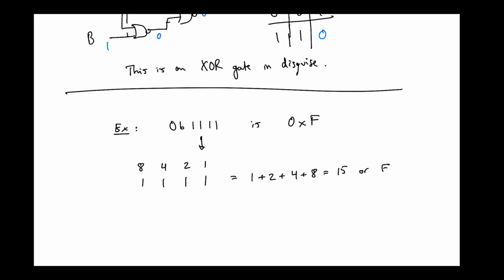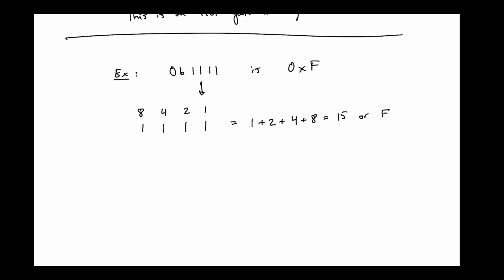So there are two things I'd like to note here. Notice what I wrote there. How do you know that something is meant to be interpreted as hex? Often we put 0x in front of it, or just the word hexadecimal.